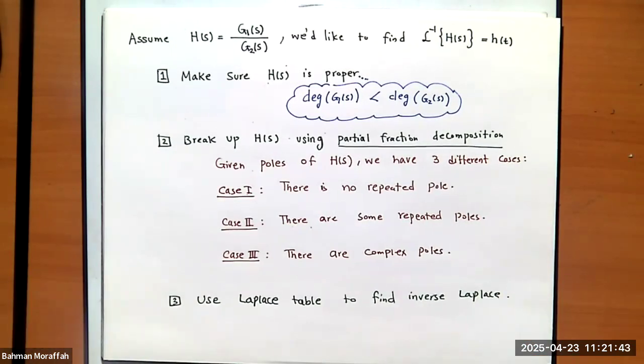The question is how to do this decomposition in each separate case. To start easy, let's look at case one, where there is no repeated pole.